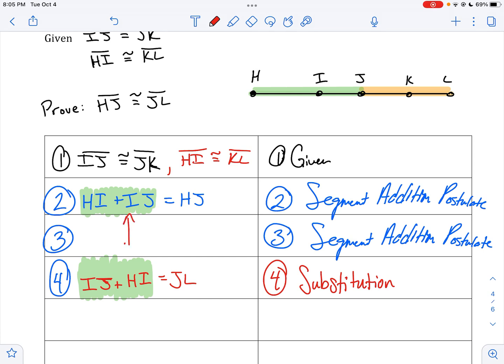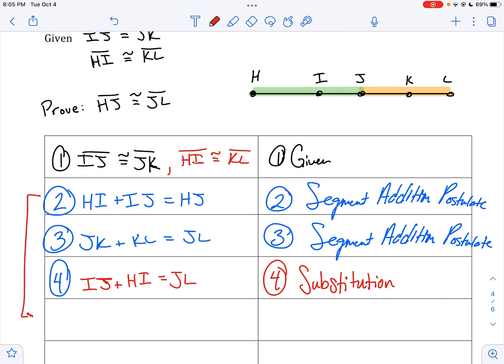So these two expressions, the left sides of the equations, are equal. Well, if the left sides are equal, then what do I know? If the left sides are equal, then the right side of the equation must also be equal. And I'm trying to get that step 3 back. There we go.